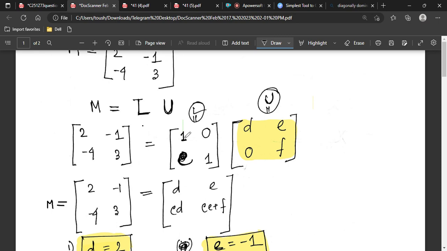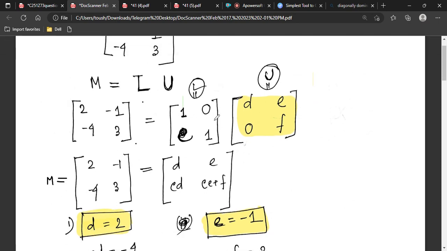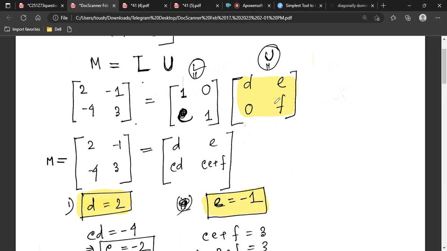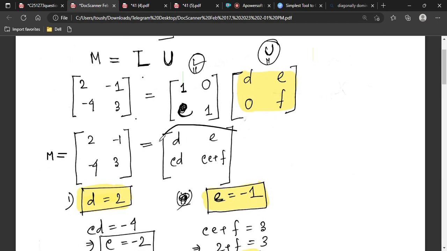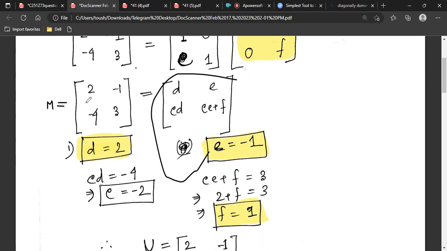Okay, so now M is equal to LU, so just multiply L into U, you will get this result. Now just compare this, you will get 2 is equal to d, you will get minus 1 is equal to e, you will get minus 4 is equal to cd, and 3 is equal to 3 plus f, right?